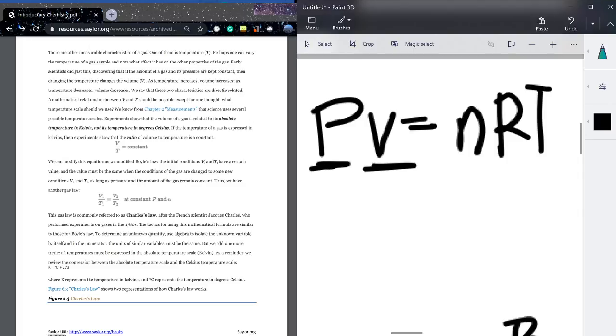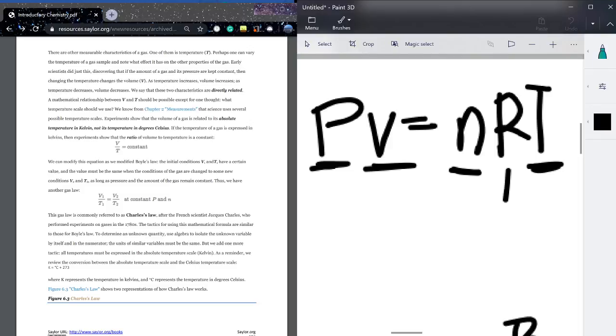Like we said, they have an inversely proportional relationship, so they're on the same side of the equal sign. And n is the number of moles. If there's an increase in n, there's an increase in V. It's called Avogadro's law because it relates moles and volume. And temperature is directly proportional to volume and pressure as well.